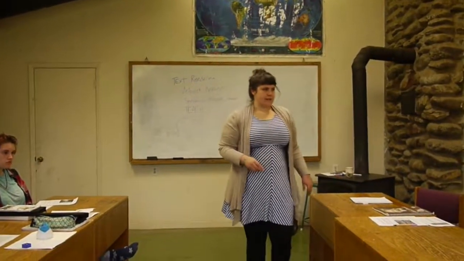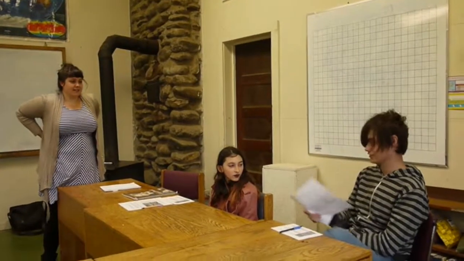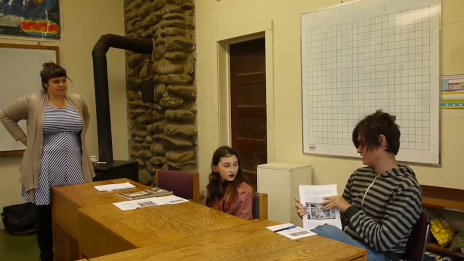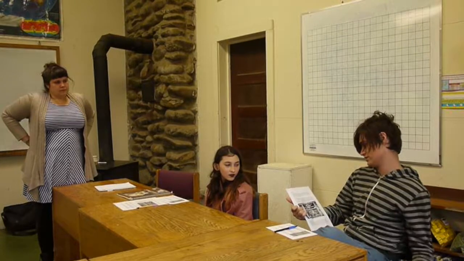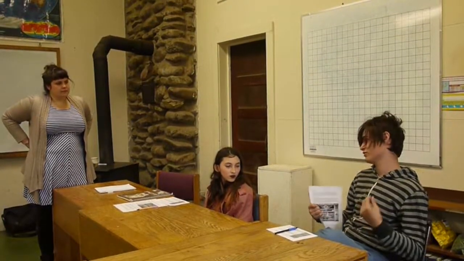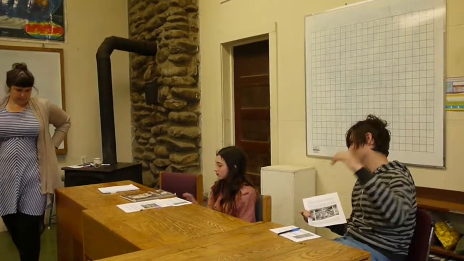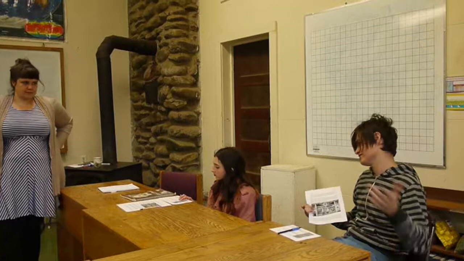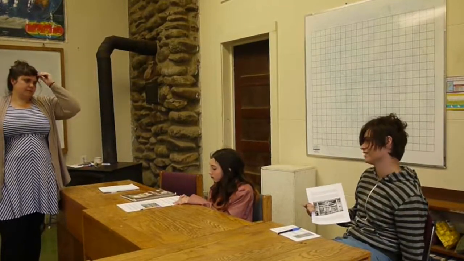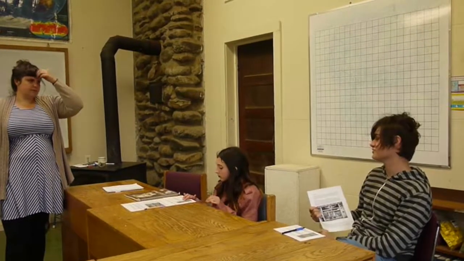Alright. Did I say his name correctly? Yeah. He was born in Mexico, and he lived through the Russian Revolution and the Mexican Revolution. He was a Marxist, which means he was basically a communist.